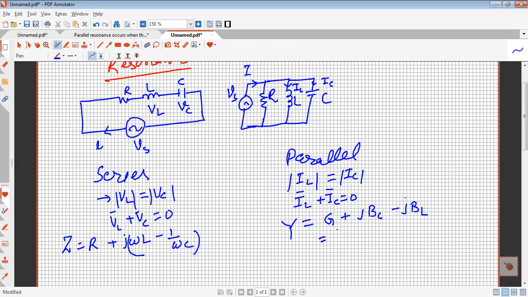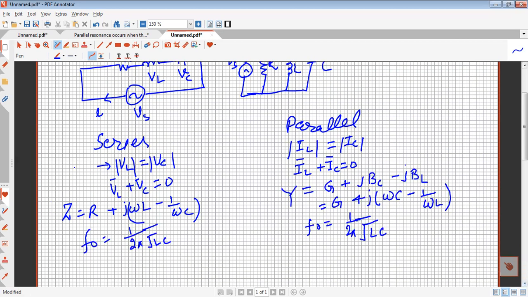Taking j common, it is G plus j times omega C minus 1 by omega L. If we equate it to 0, the frequency of resonance is 1 by 2 pi root LC. In this case also the frequency of resonance is 1 by 2 pi root LC. So the resonance frequency is the same in both cases.